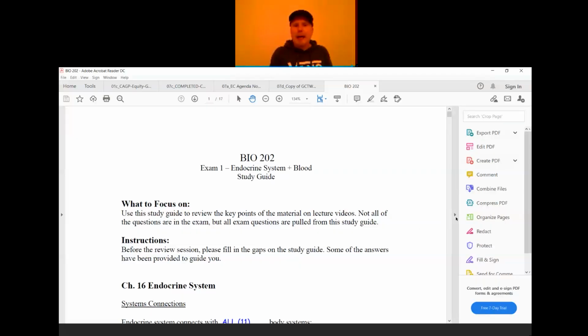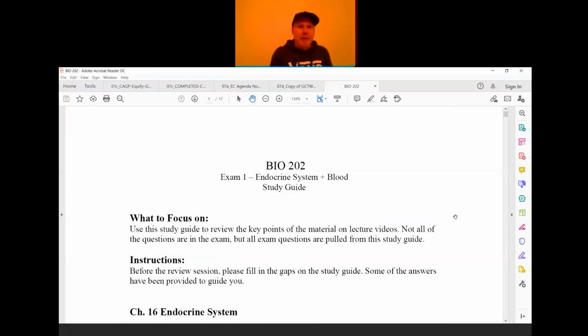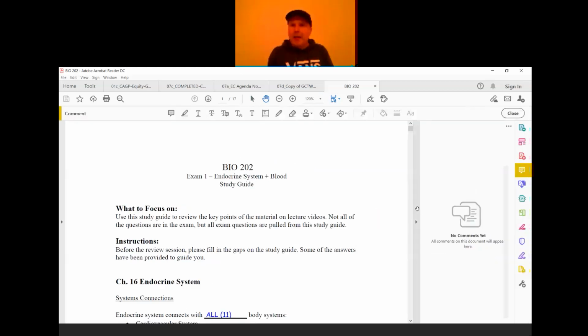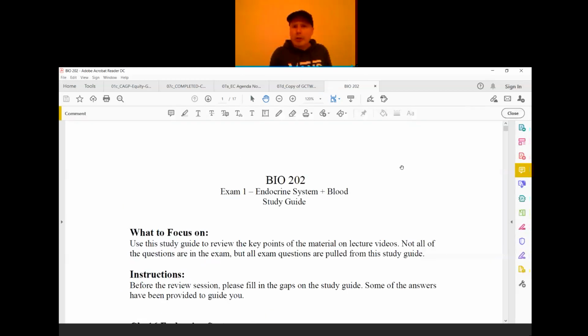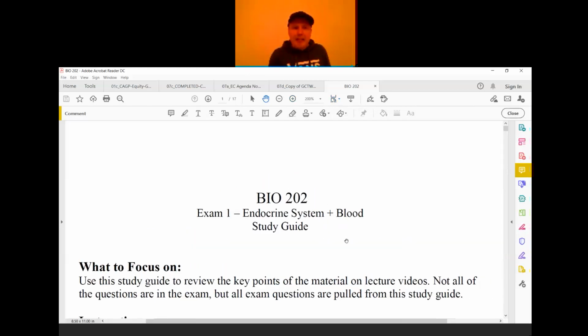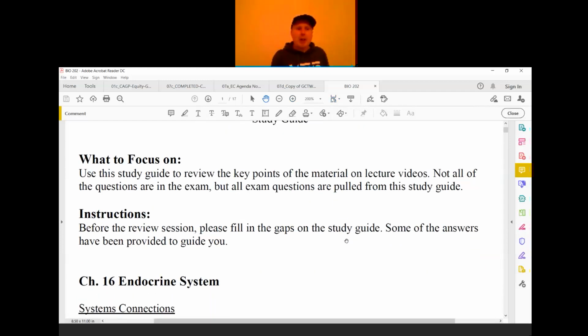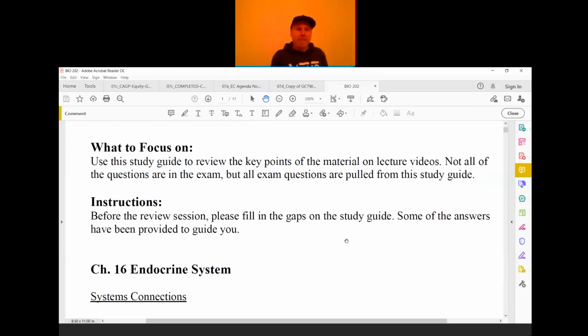So what you should be seeing is a PDF reader of the first exam BIO202 study guide. And like I said, we'll use that to work through all the material. I hope that this is good in terms of the size of the text, but if at any stage you feel like you can't see what's on the screen, just let me know and I'll zoom in a little more.